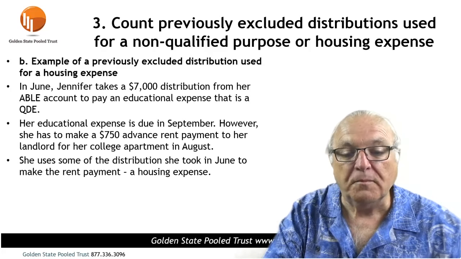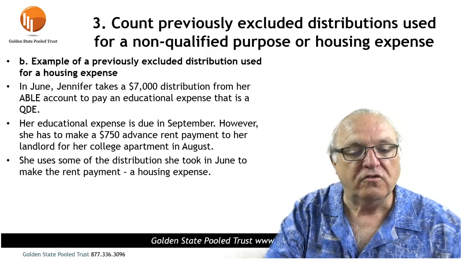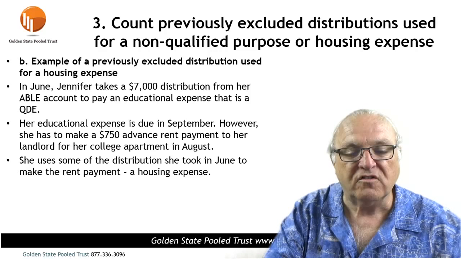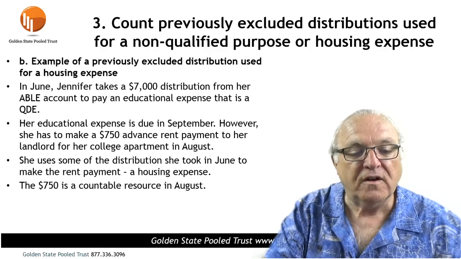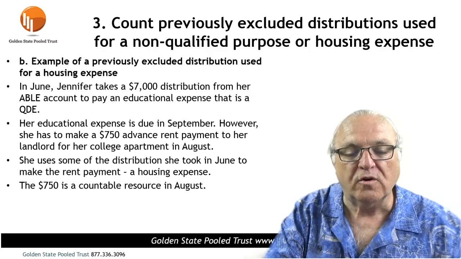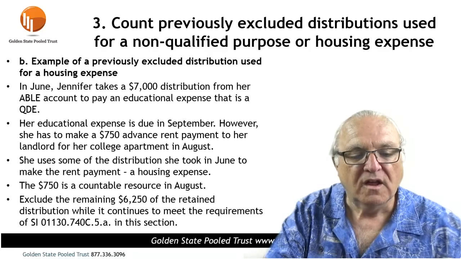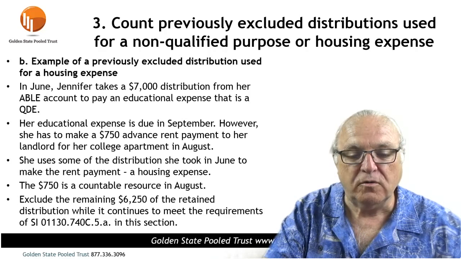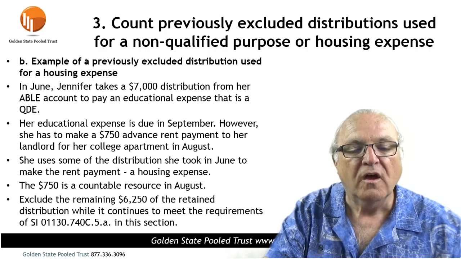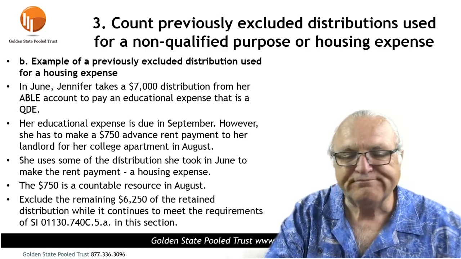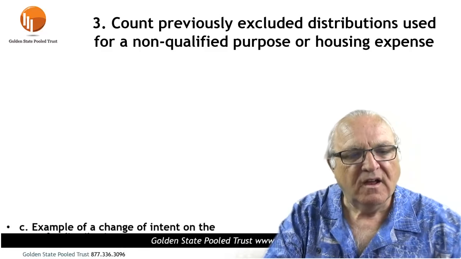She uses some of the distribution she took in June to make the rent payment, which is a housing expense. The $750 is a countable resource in August. Exclude the remaining $6,250 of the retained distribution while it continues to meet the requirements of this section of the POMS.